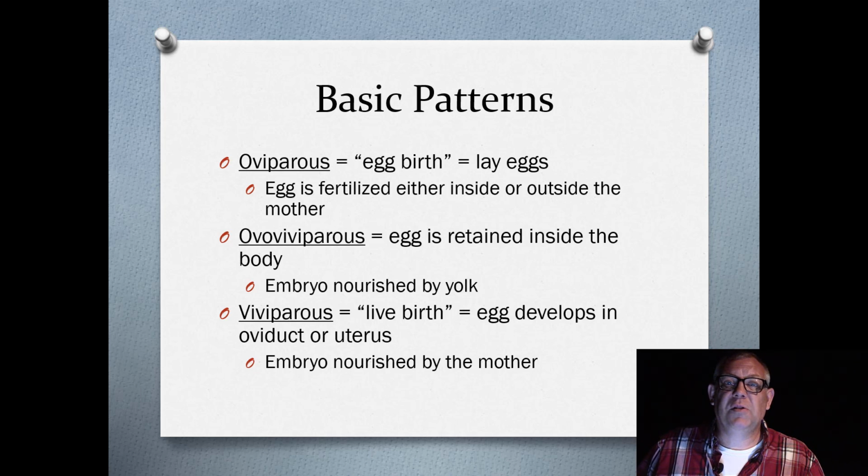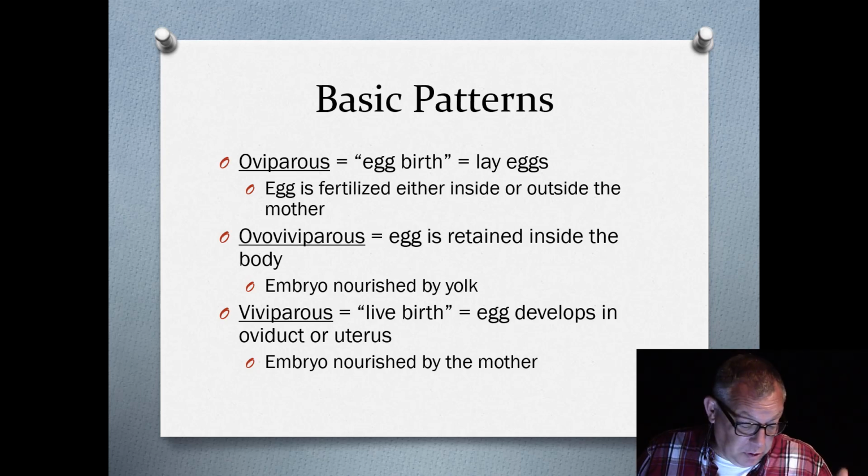In marsupials, the embryo develops, and then it's born, and then it still finishes development in the mother's pouch, and so on. So anyway, these are just terms that you need to be familiar with, and that's all I'm going to say about that. So that's our brief introduction into reproductive patterns in animals.